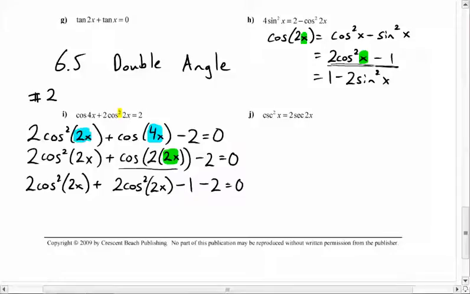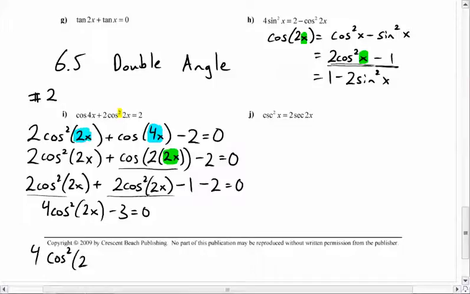So now I've got like terms. I've got 2 cosine squared 2x and 2 cosine squared 2x, which is 4 cosine squared 2x. 4 of those terms. And then minus 1 and minus 2 is minus 3. Now I'm just going to solve for cosine squared 2x. So first I'll move the 3 over to the other side, giving me 4 cosine squared 2x equals 3.